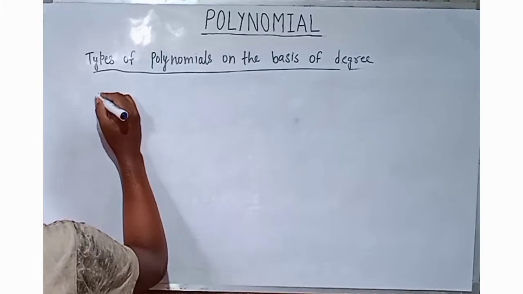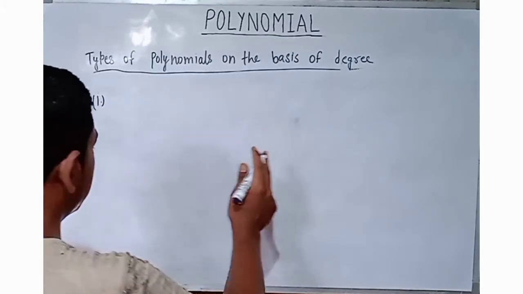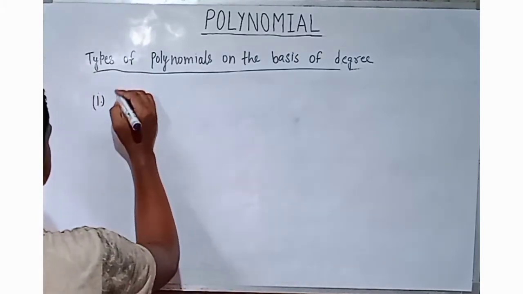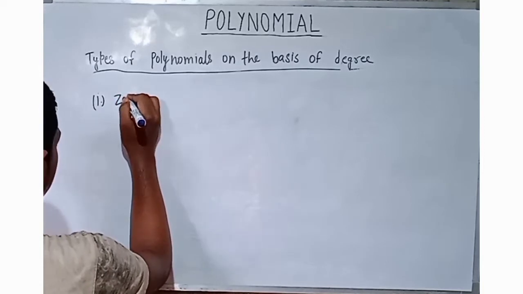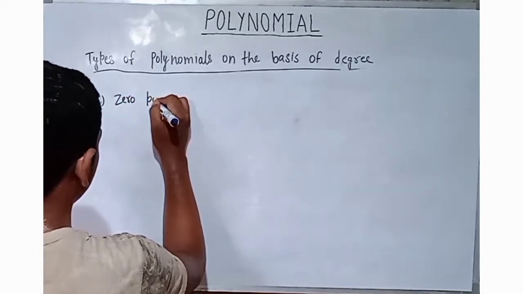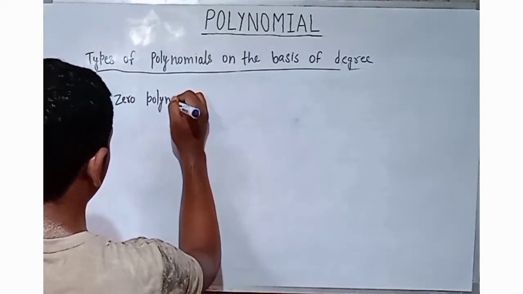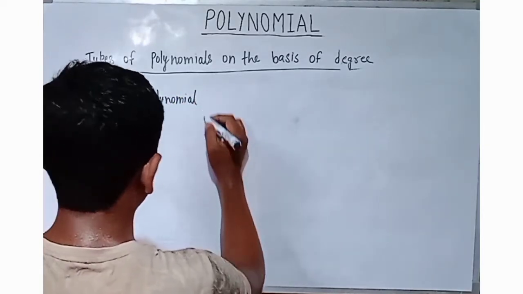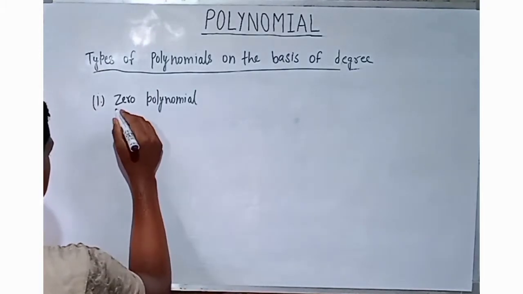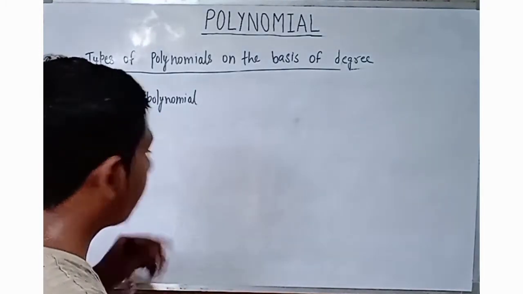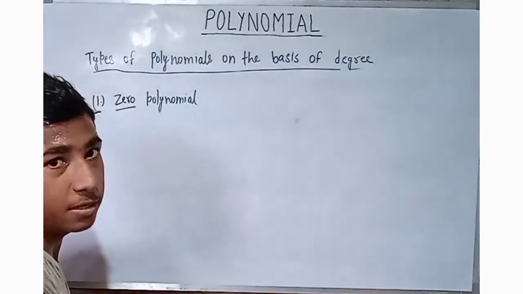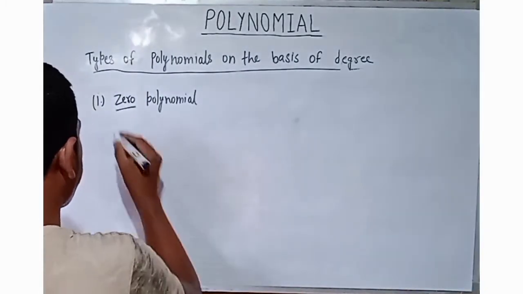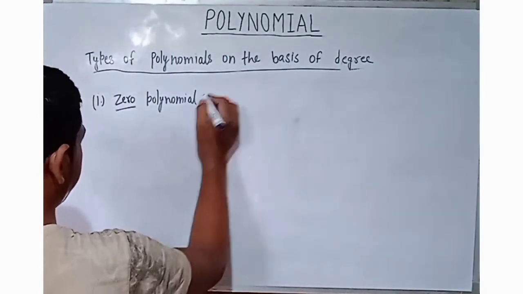Okay, so on the basis of degree, the first one is zero polynomial. Zero polynomial. Okay, so here zero means the polynomial having degree 0.